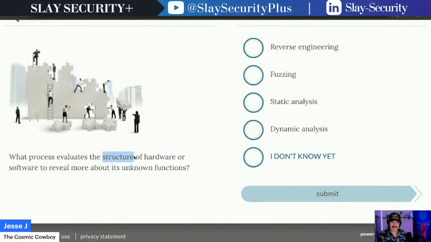And then we have static analysis. Static analysis is this process, let's say it's software, where you're just statically looking at the code. You're not doing any more than looking at what it says and seeing if there's anything there, similarly to maybe how you would look at hardware. I would think it's either reverse engineering or static analysis.